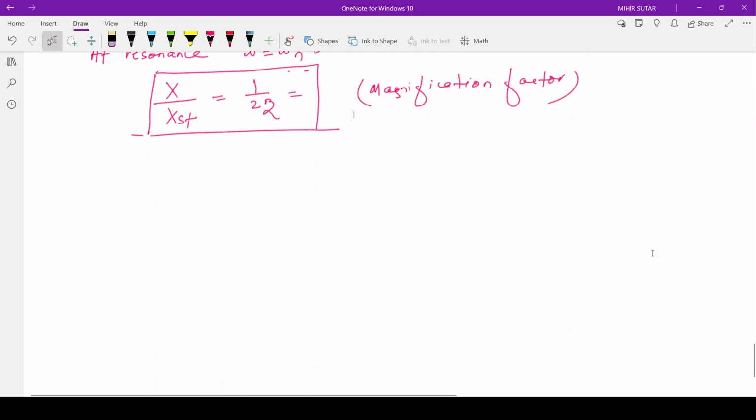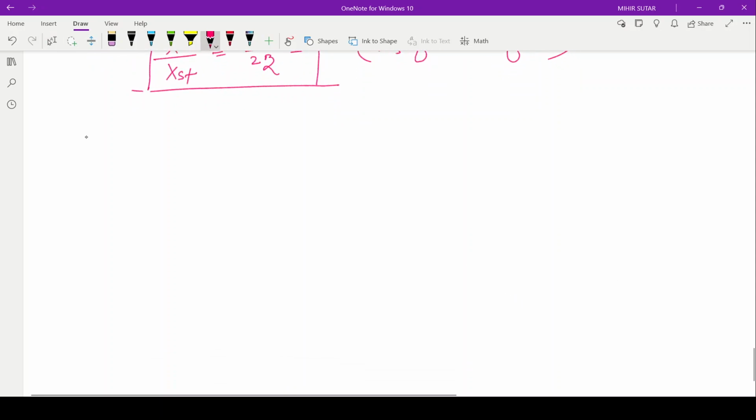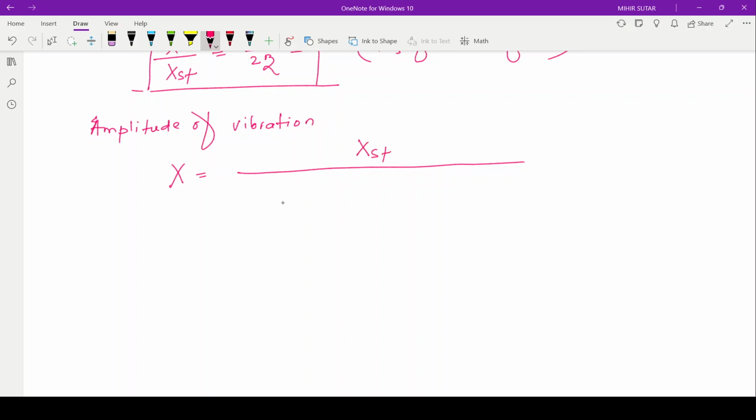Now next, if you write down the amplitude of vibration, that is your x, it will be equal to x st divided by the square root of 1 minus omega by omega n whole square plus 2 zeta omega by omega n whole square.